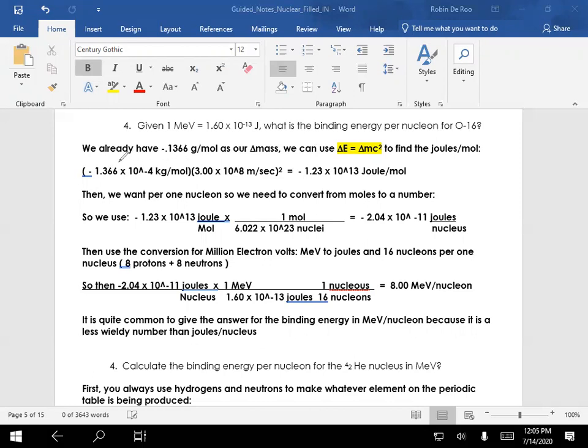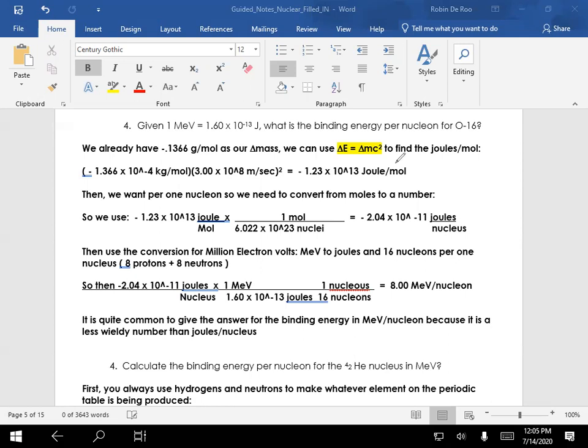So we take our change in mass, minus 1.366 times 10 to the minus 4 kilograms per mole. We multiply it by the speed of light squared, and we get minus 1.23 times 10 to the 13 joules per mole.